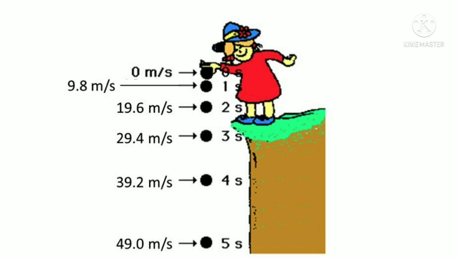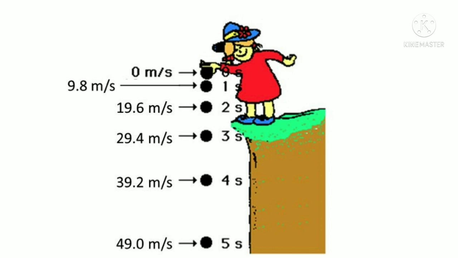The velocity of an object keeps on changing as it falls down. Just observe this picture. When she is dropping the object at 0 second, the velocity is 0 meter per second, and after 1 second, the value is 9.8 meter per second.